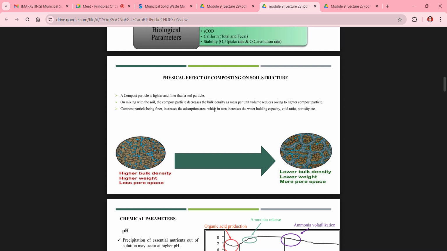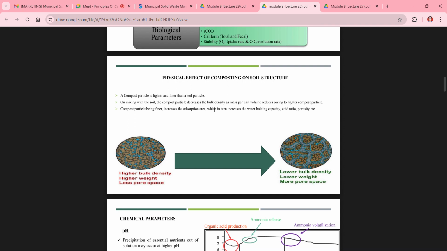Then the compost particle being finer will increase the absorption area, which in turn increases the water holding capacity of the soil, and void ratio or porosity, etc. Because if we create a finer size during the composting process, the finer size will create more surface area to volume ratio.